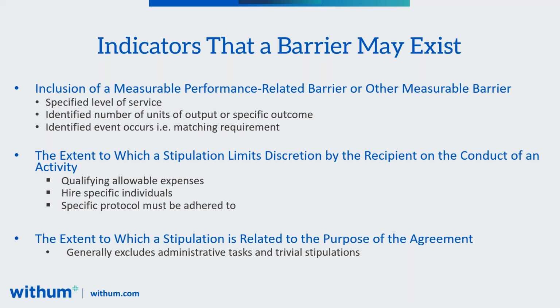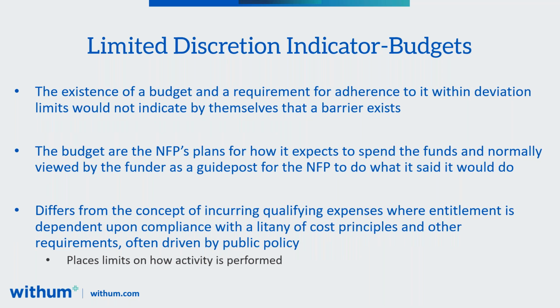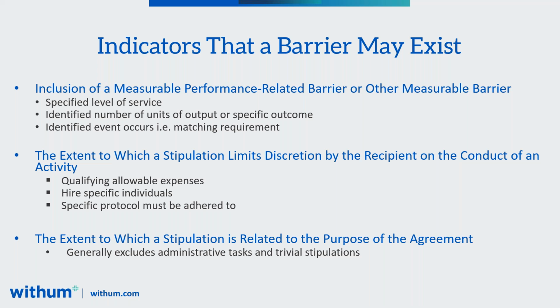So when the agreement gets into how you must conduct the activity, that's an indicator that a barrier may exist. And then finally, the extent to which a stipulation is related to the purpose of the agreement. To the extent that the agreement includes administrative tasks or trivial stipulations, those really are not typically barriers. If you need to provide an expense report or narrative program report, those are really unrelated to what you need to do and typically are not deemed to be barriers.